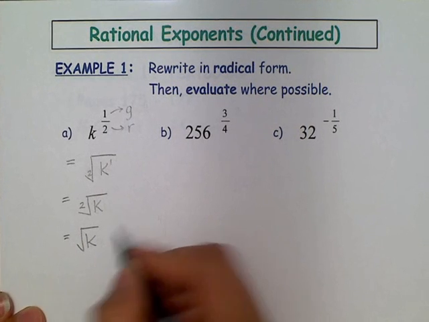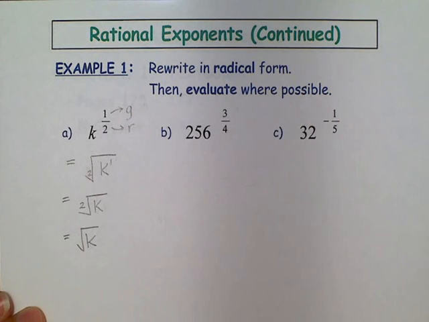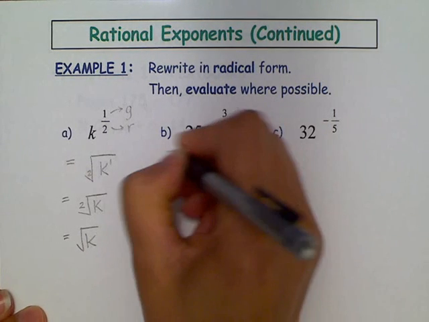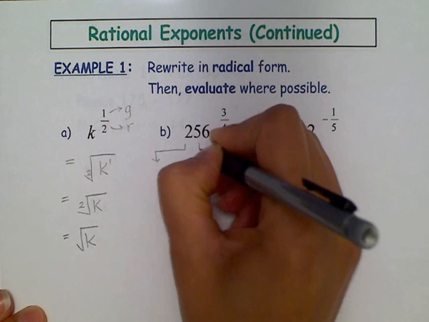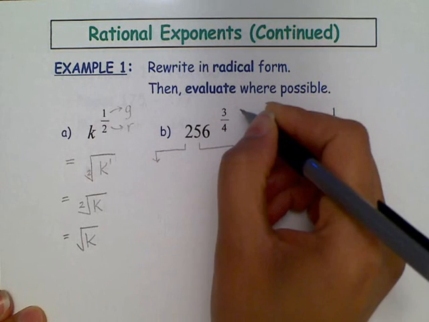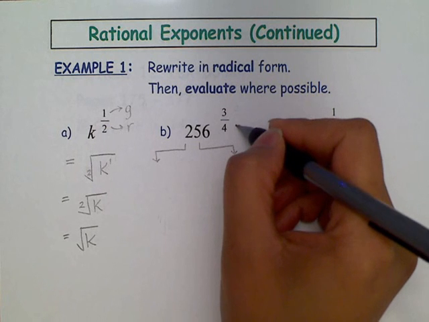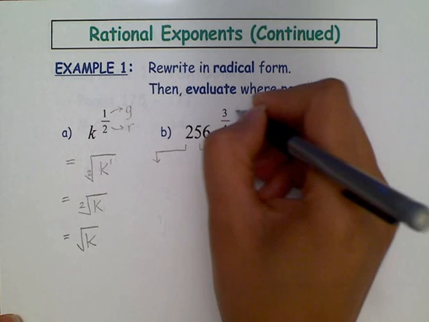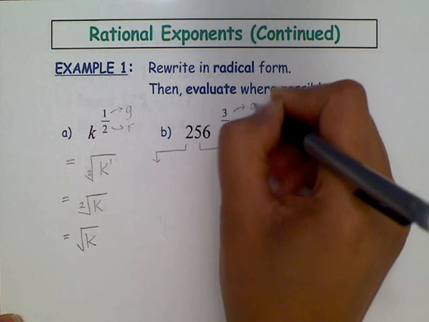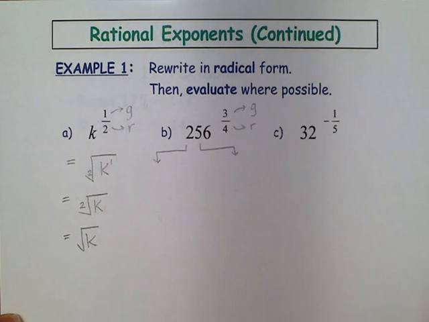Okay, the second one, I'm going to look at two different ways of doing this question. One way is to look at the root and then the exponent, the growth. The other way is to look at the growth first and then look at the root after. Remember again, we have a rational exponent. The numerator represents the growth and the denominator represents the root.